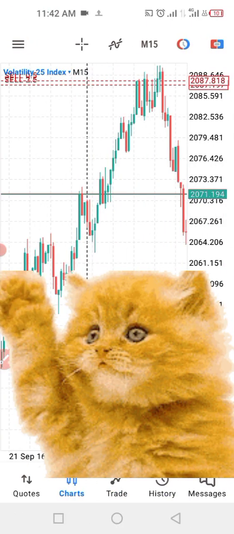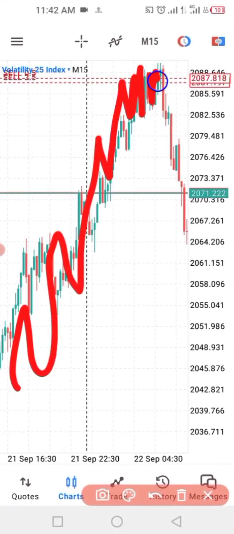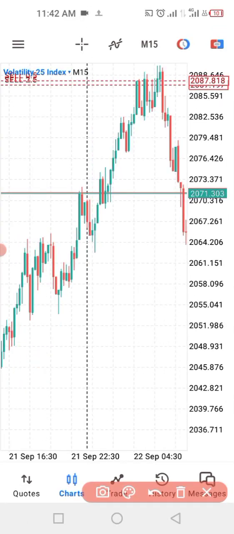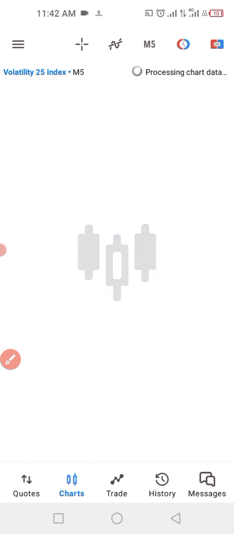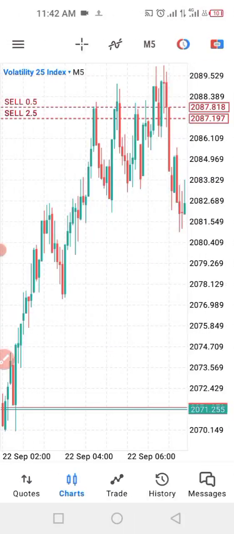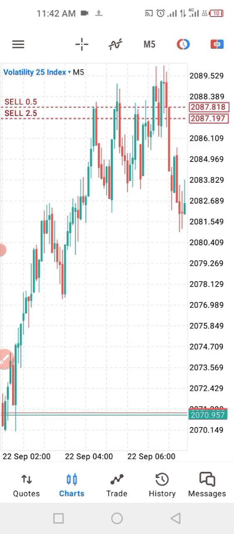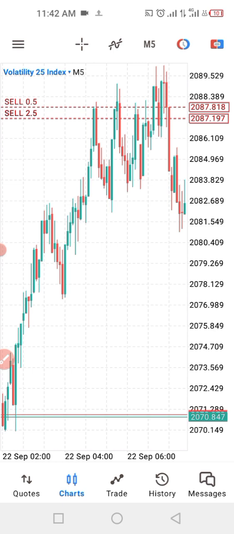I'm not saying it generally, everybody has how they do their thing. So when I got on this morning and I saw this move here, I decided to switch to a lower time frame. Let me see actually what is going on. So I switched to the 5 minutes time frame, because I know what I'm looking for in volatility 25 index. You should understand what you're looking for, and anytime you come to the market, you focus on what you're looking for.